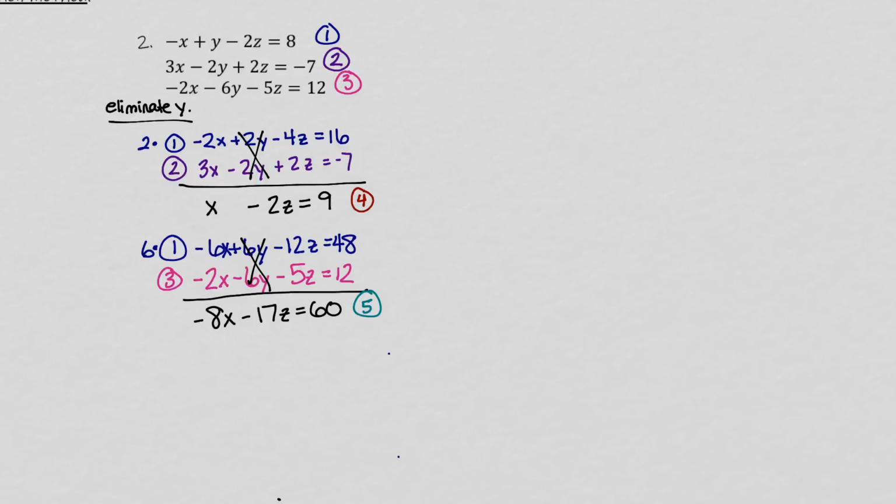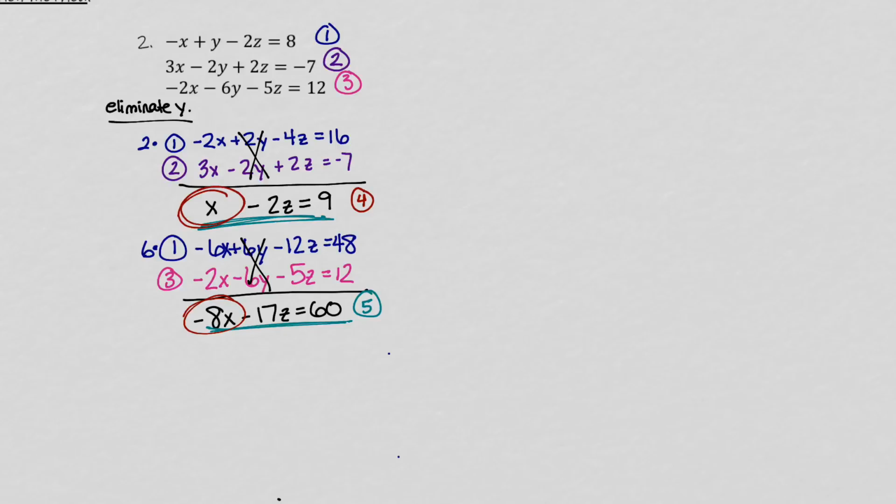So with equation 4 and 5, I have a 2-variable system. Now I need to make it so I can add them up and eliminate x or z. It looks easiest to eliminate x because this one's just x and this is a negative 8.